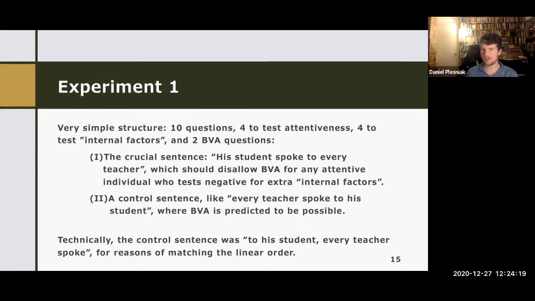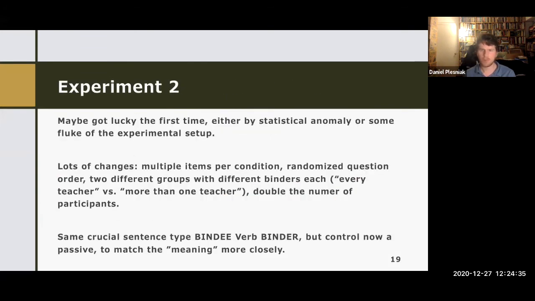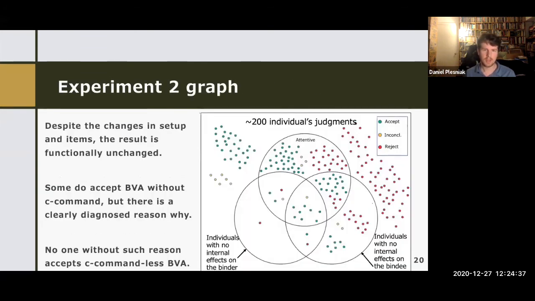Technically, these are different, not only in word order, but also in what's getting what role, right? In his student spoke to every teacher, the students are speaking; in every teacher spoke to his student, the teachers are speaking. So maybe that has an effect. Turns out it doesn't seem like it does. But just in case, we checked it. And despite this change in setup, we got exactly the same results qualitatively.